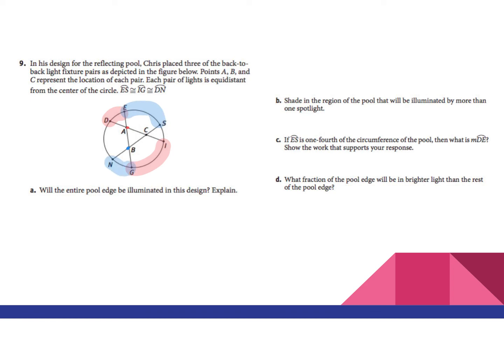Last but not least, let's go to light fixture C. Remember, since they're back-to-back light fixtures, it'll open up and cover DN as well as arc IS. Therefore, we can see that all of these light fixtures cover the entire circle. So the intercepted arcs make up the circle.